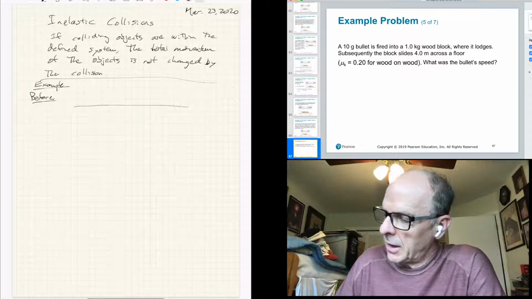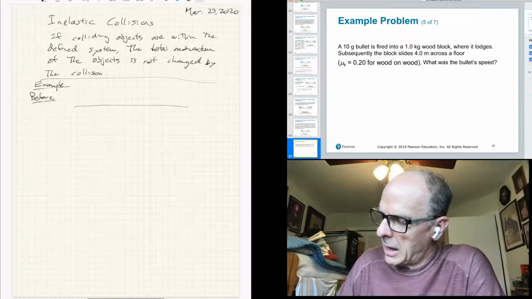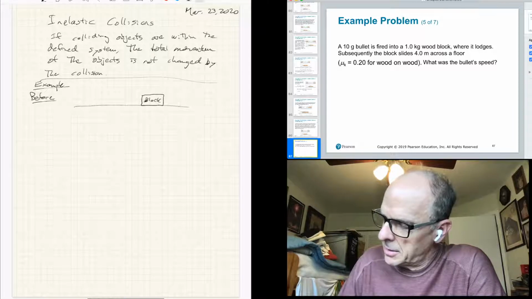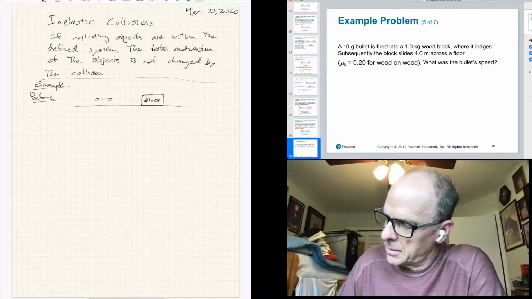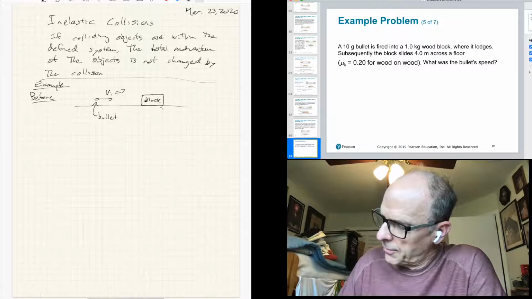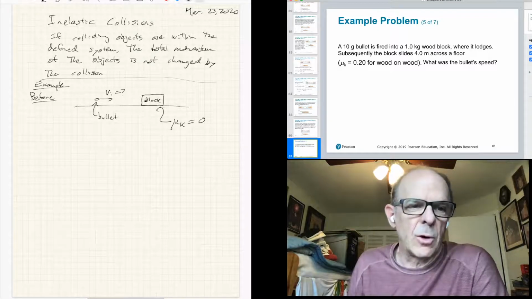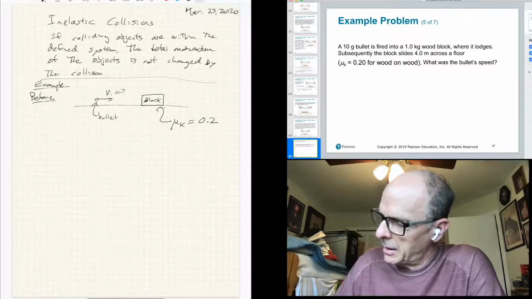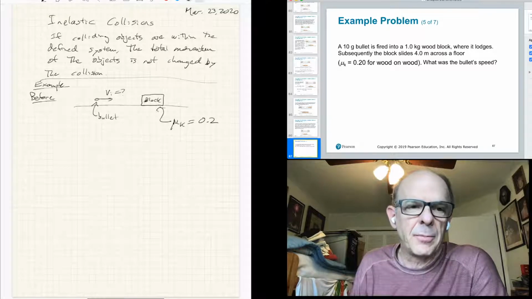So in this particular case, we've got a block and a bullet with some initial velocity that's unknown. That's the bullet. And the block is sitting on the floor with a coefficient of friction with the floor that's given to us as 0.2. That's my mu k is 0.2.